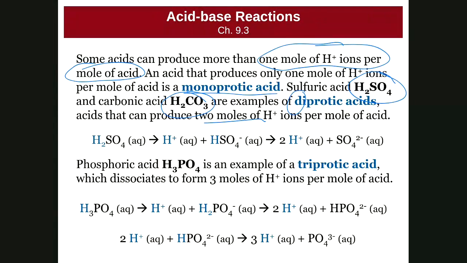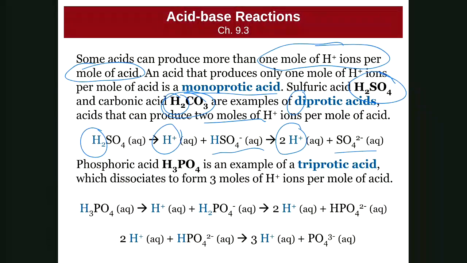So you see H2SO4 has 2 hydrogens in its formula, so it can lose 1 and form this anion, or it can lose both and form the sulfate anion. Same thing with carbonate. It has 2 hydrogens in its formula, so it can form 1 proton in solution or 2 and form the carbonate ion.